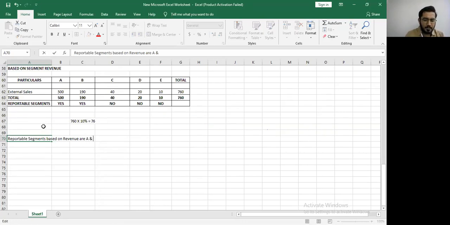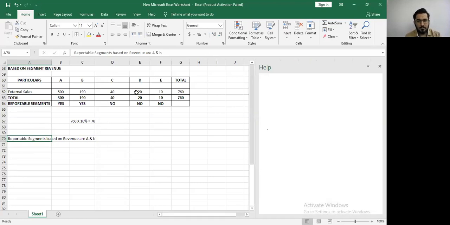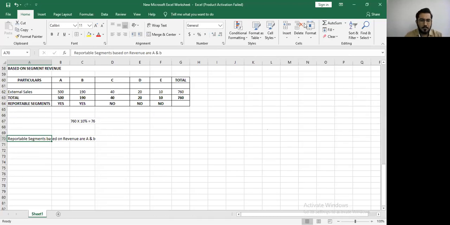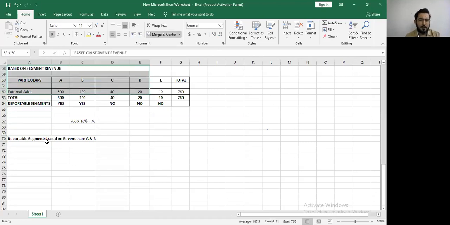A and B. Your reportable segments based on revenue are A and B.